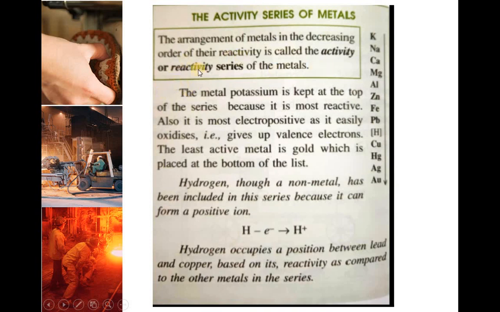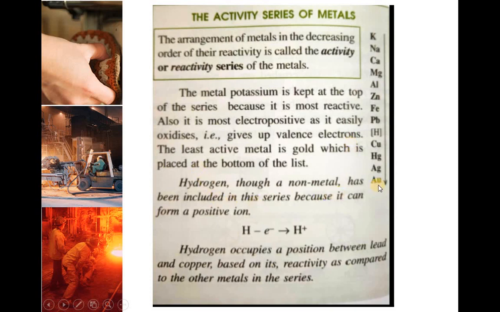Now, activity series we had already discussed. Here the metal potassium is generally kept at the top. Before it there is lithium, because it is the most reactive one and most electropositive, as it is easily oxidized, that is, it can give up valence electrons. If you refer to the periodic table again, you will find it gives a valence electron very easily.